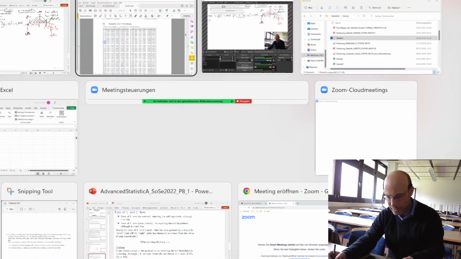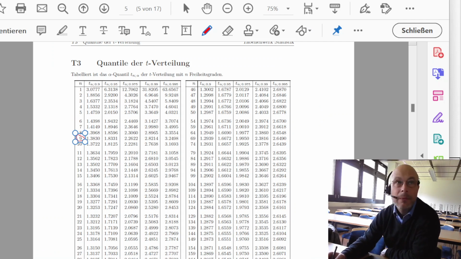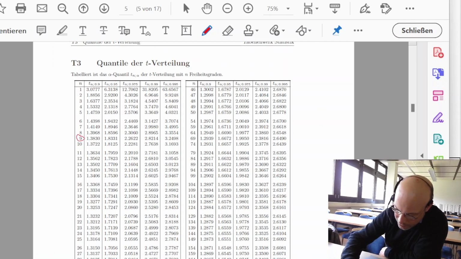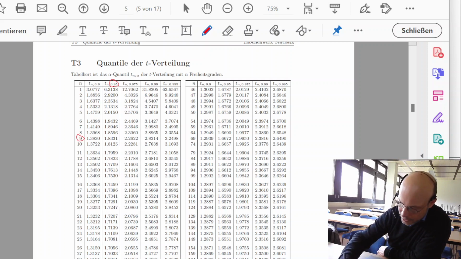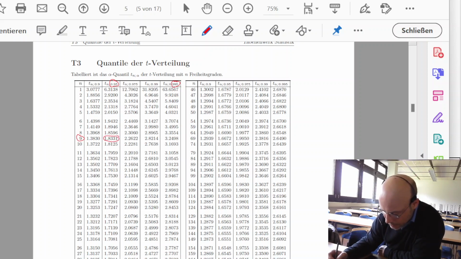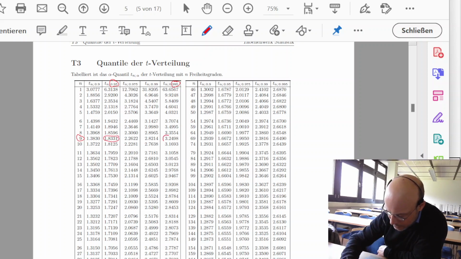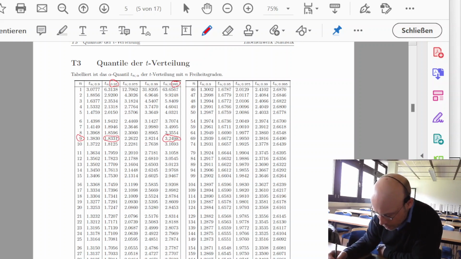So within our table for 90% we have to look at the value for 0.95, and for 99% we have to look at the value for 0.995. So in one case we have 1.833, and in the other case we have 3.2498.